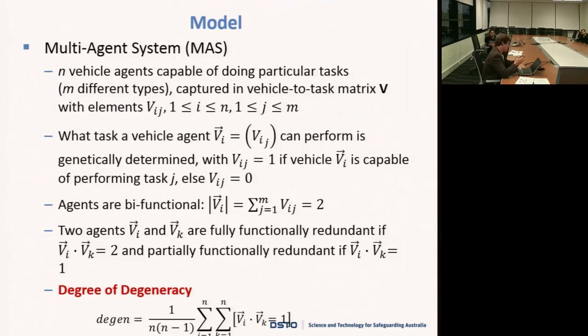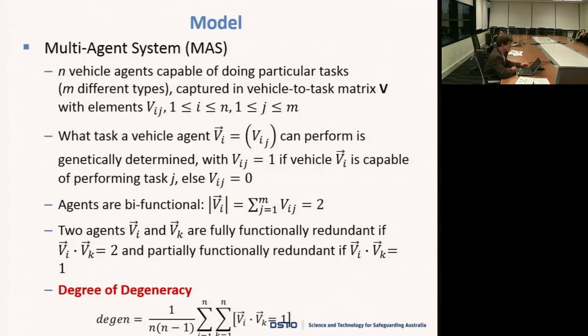The column of this matrix is a representation of a vehicle, and what a vehicle agent can perform is genetically determined. If in this vector representation of a vehicle agent there's a 1, it says this vehicle can perform this particular task type. If there's a 0, the vehicle obviously cannot.